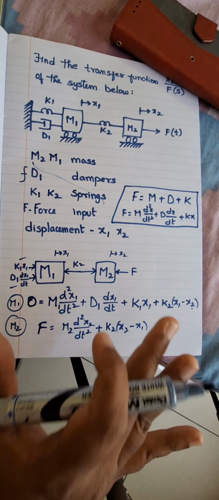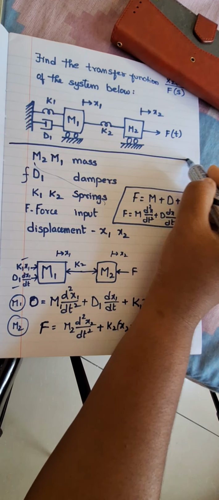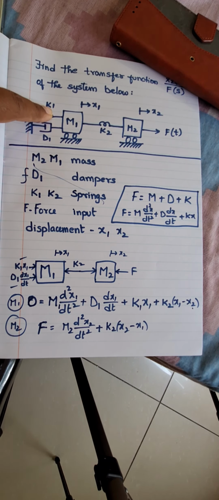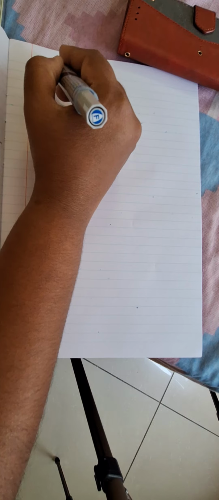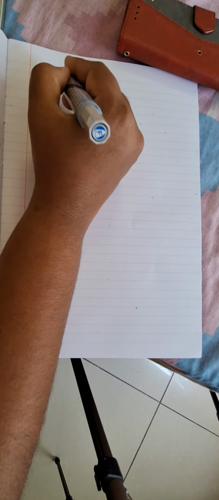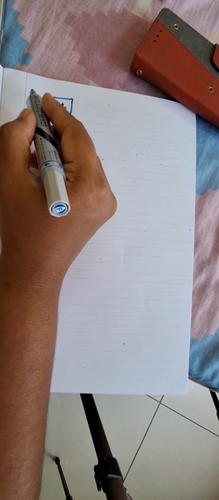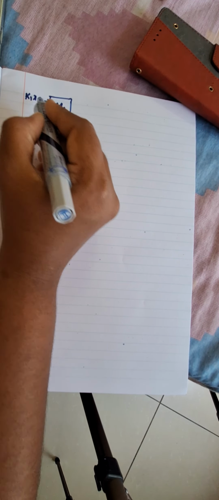So in the exam, this is your question. How should you start writing the answer? The answer is: what is our picture? M1 is there. What is connected to M1? To M1, K1 is connected, which we call K1 x1.